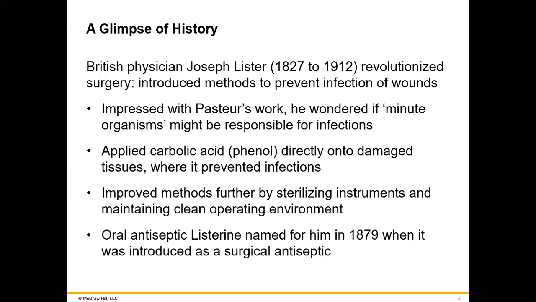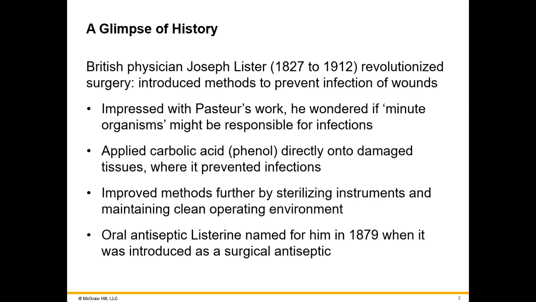So a little bit of background. All of the techniques that we use today are derived from the microbiology work by the pioneers of the field, including, of course, Pasteur, as you know. Perhaps not as many of you are familiar with Joseph Lister.